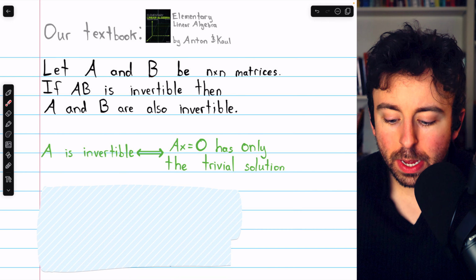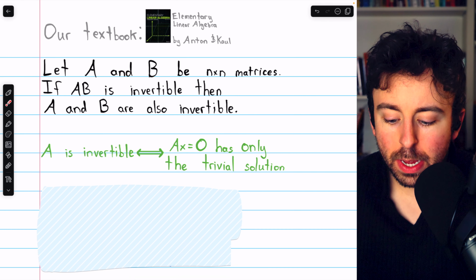Let's begin. We'll begin by showing that B is invertible, by showing that the homogeneous linear system Bx equals 0 has only the trivial solution. To that end, let x naught be a solution of Bx equals 0.